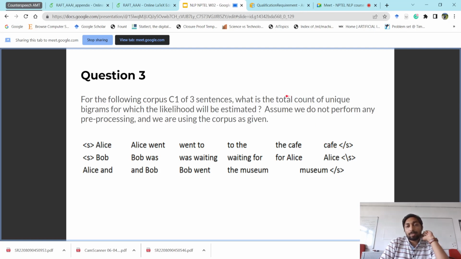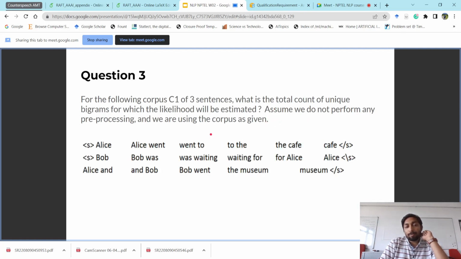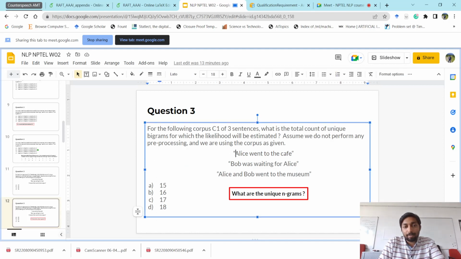So whenever you see such sentences, you always have to add the starting S token and the ending S token and then calculate the bigrams. So if I modify here, this will be the final sentence that you get, and then you can calculate the bigrams.